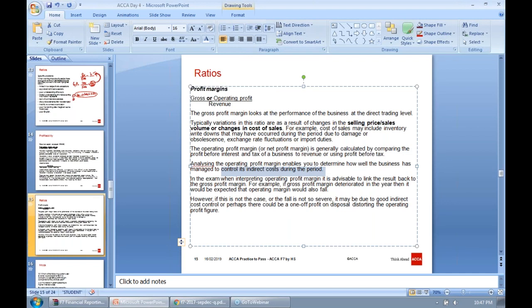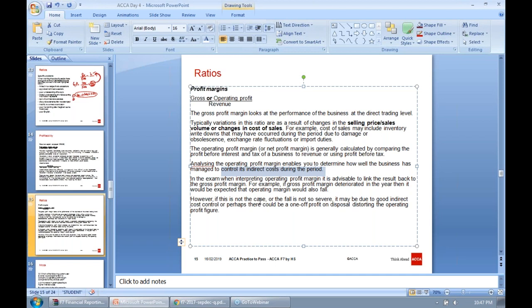So actually, the change in the operating profit margin is related to operating expenses, or indirect cost. But there is a clear link between the gross profit and the net profit. If the gross profit of the business goes down, it is very likely that the net profit is also going down. In the exam, when interpreting the operating profit margin, you are able to link the results back to the gross profit. Yeah, this is what I have discussed already.